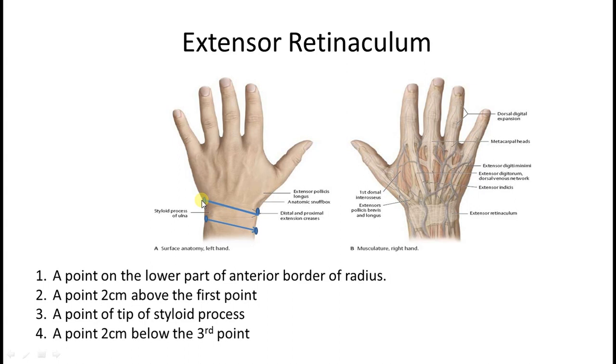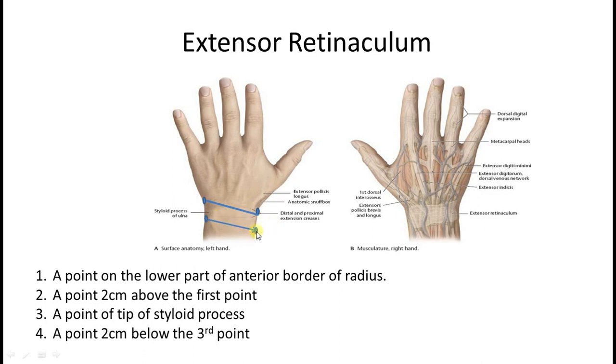Are you able to understand? So now you should join the second and the third point. Then you should join the first and the fourth point. First point is the lower part of the anterior border of radius, and the fourth point is 2 centimeters below the styloid process of ulna.